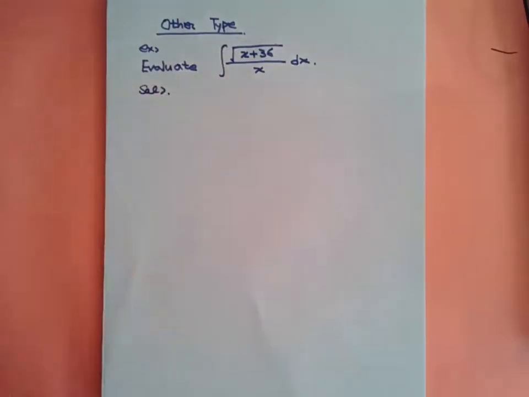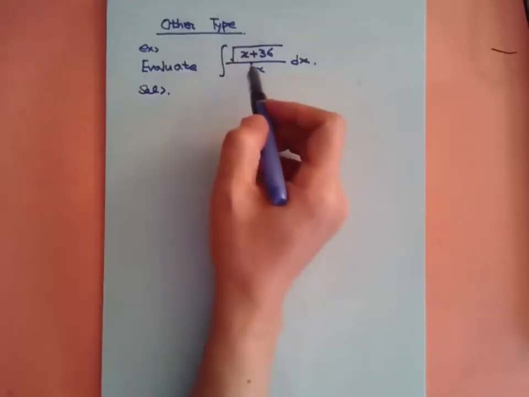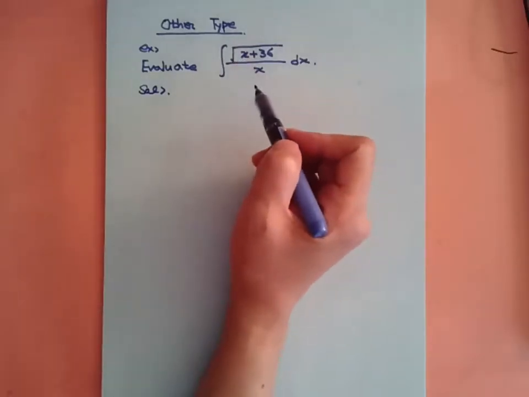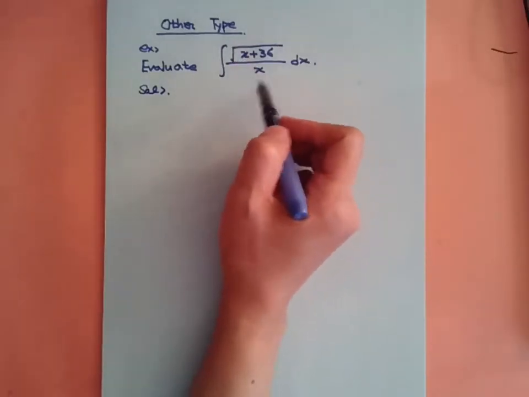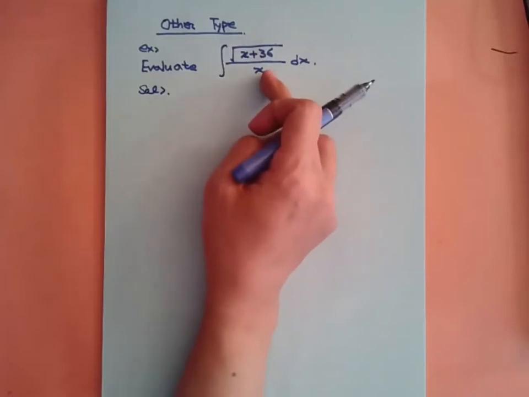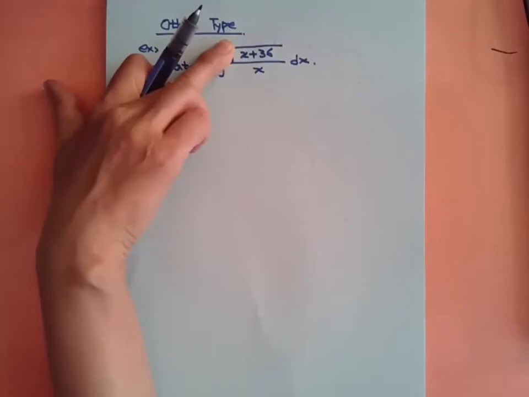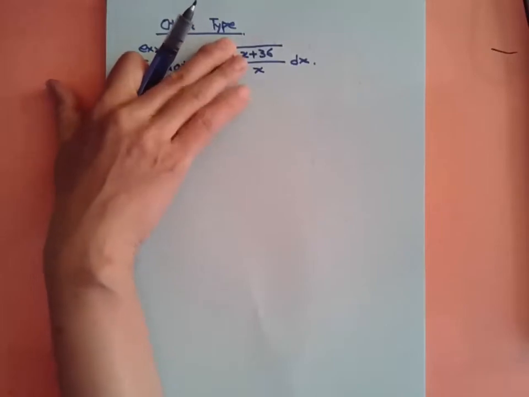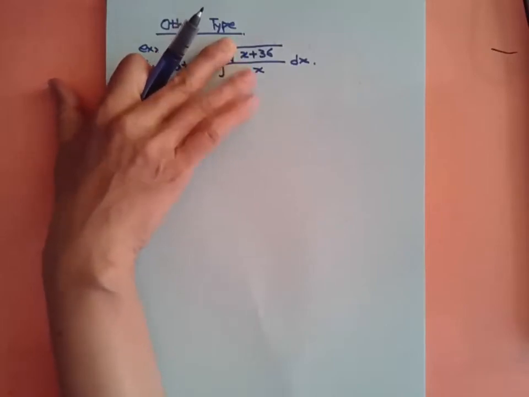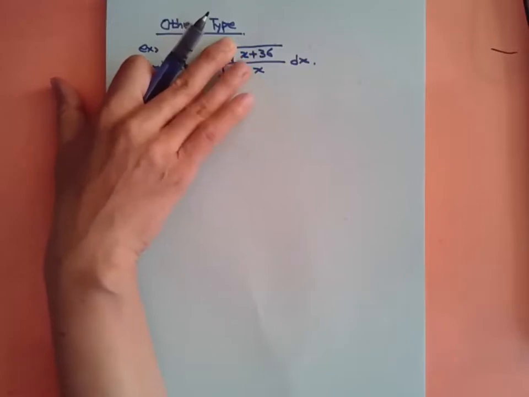If you look at the pattern, there is a problem, because when we ignore this square root, the degree of x in the numerator and denominator are the same.